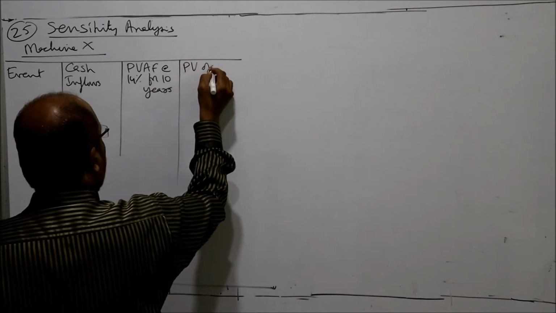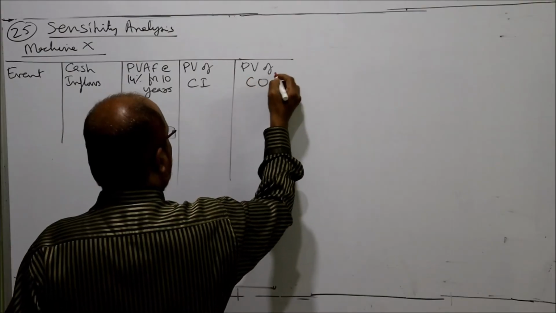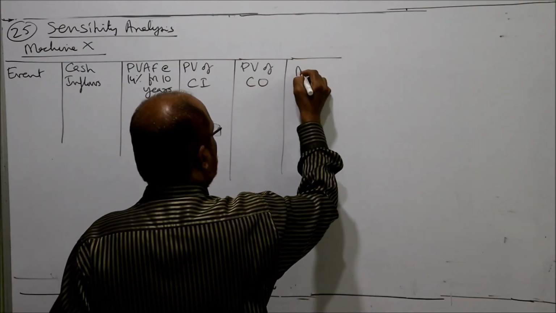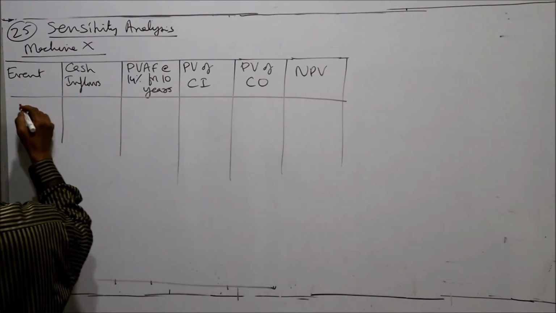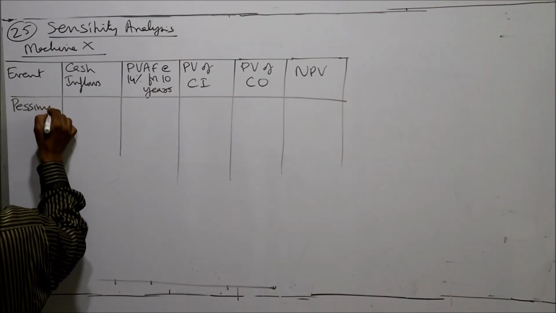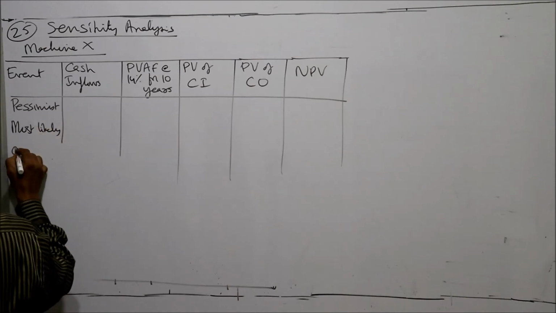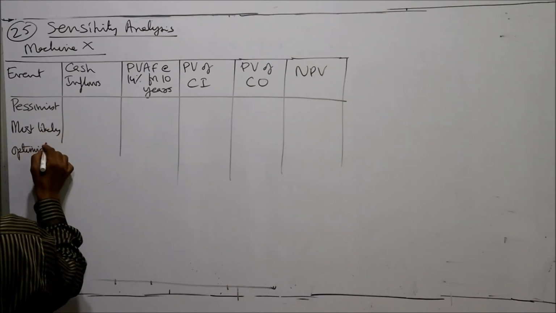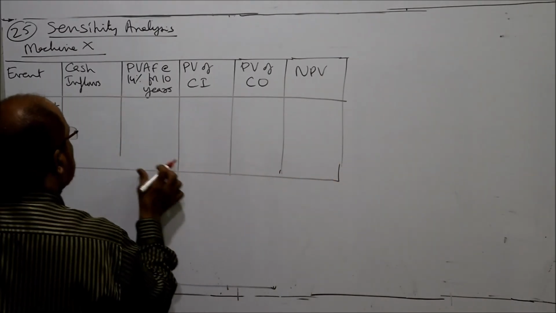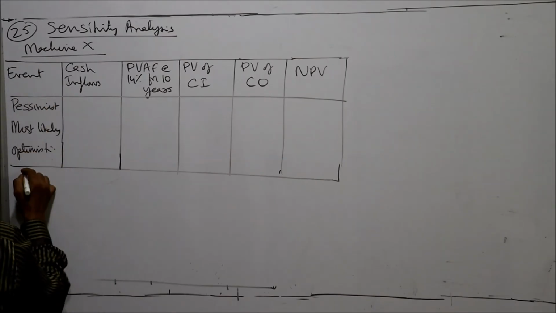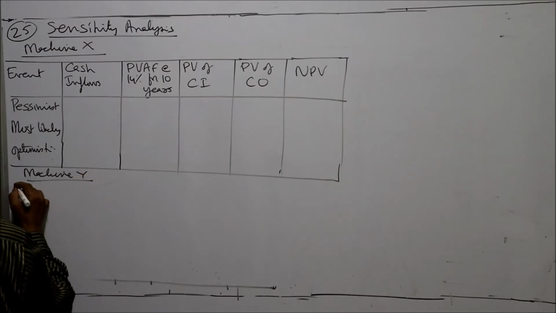Then PV of cash inflow, PV of cash outflow, NPV. Pessimistic, most likely, optimistic. These calculations we are making for machine X. Same type of calculations we have to make for machine Y.